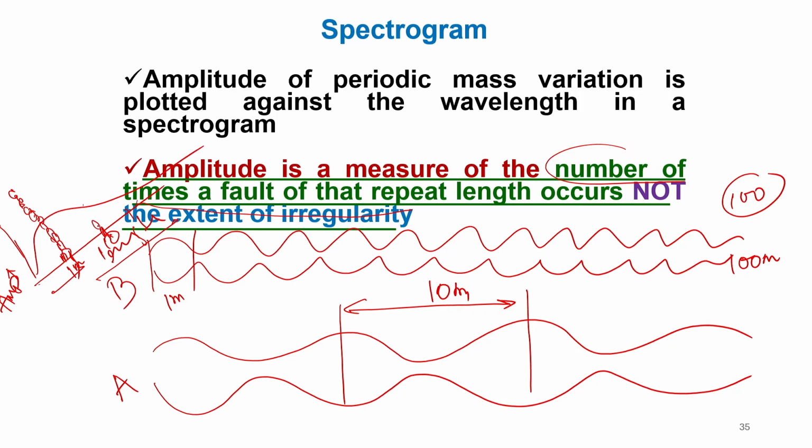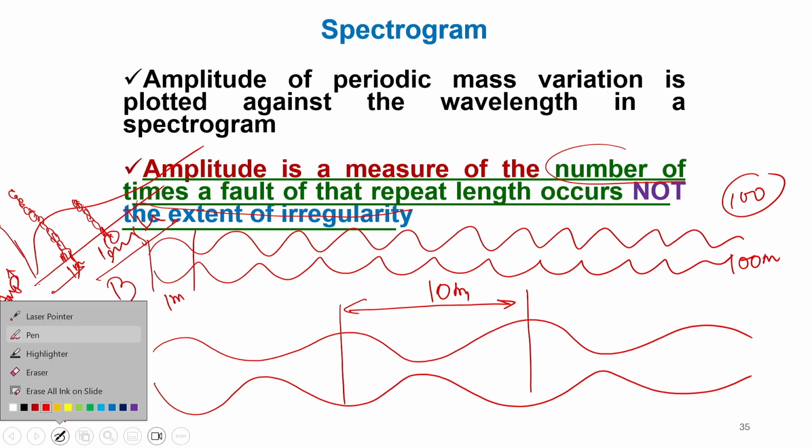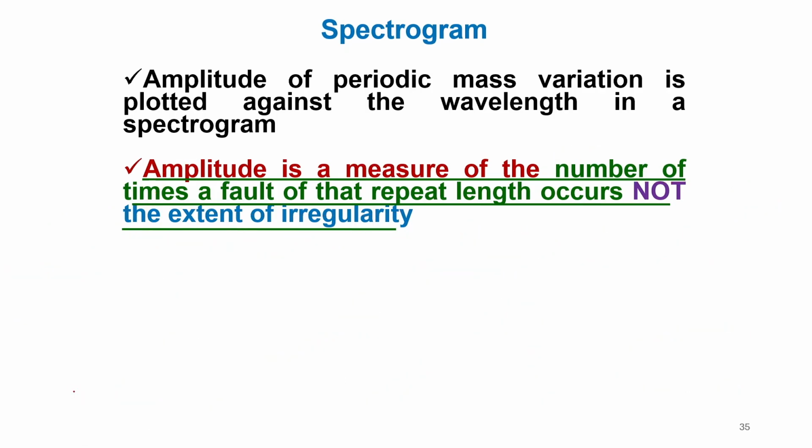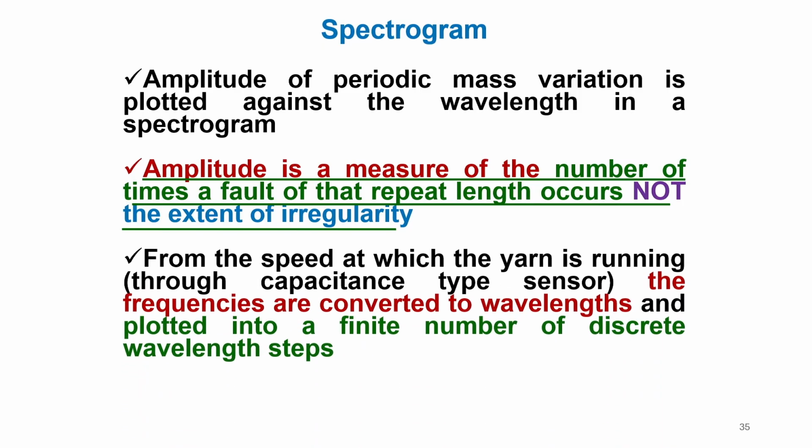Here the spectrogram will be up 10 times. That is the amplitude. So, amplitude is the number of times the fault repeats of that particular length.